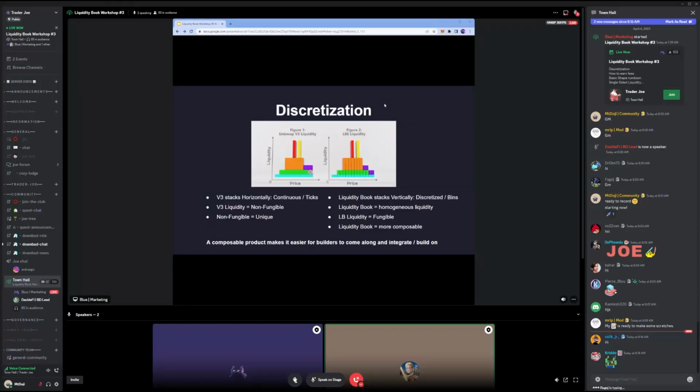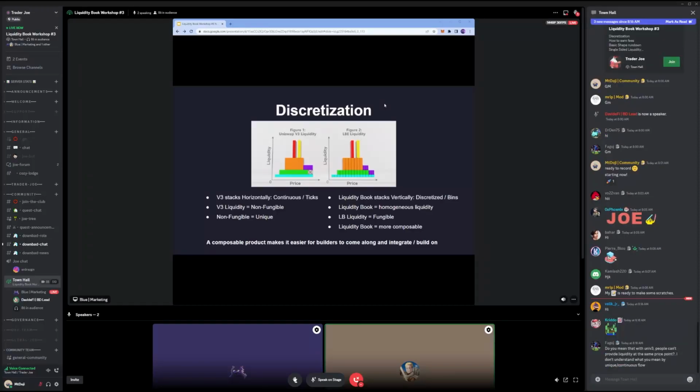This is a topic that we will see more in the fungible part, but we already hinted at. It's also a key component of this discretization, because when users deploy liquidity in a range of bins, each bin is independent.